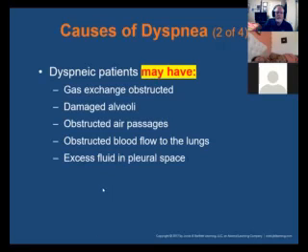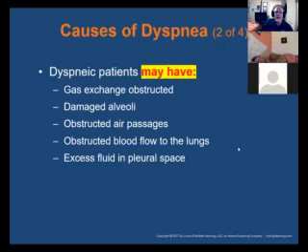I don't know, a piece of a Lego block lodged down in the upper airway, or this could be obstructed air passages from secretions or blood that need to be suctioned out.